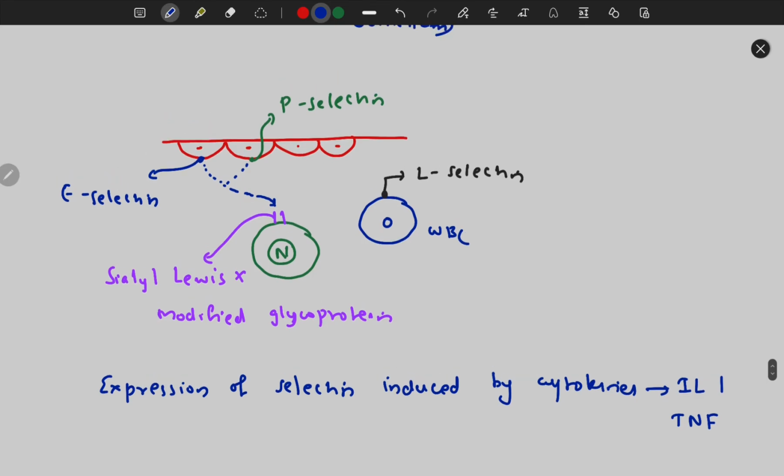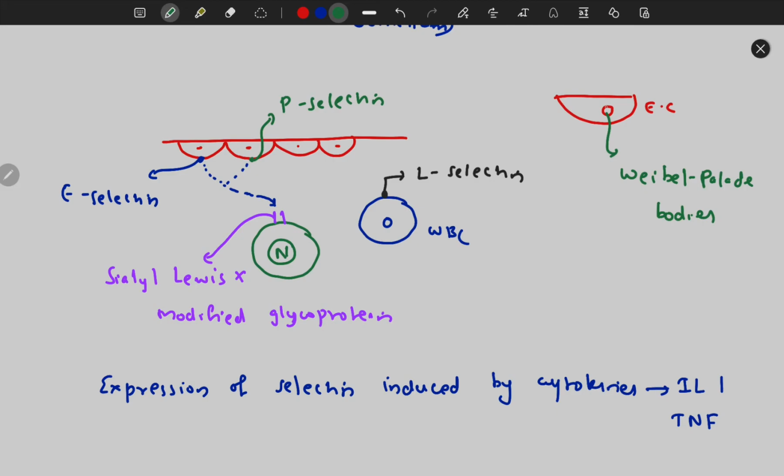Here you can see there is P-selectin. Actually there is redistribution of P-selectin. This is an endothelial cell, and this is the Weibel-Palade bodies.